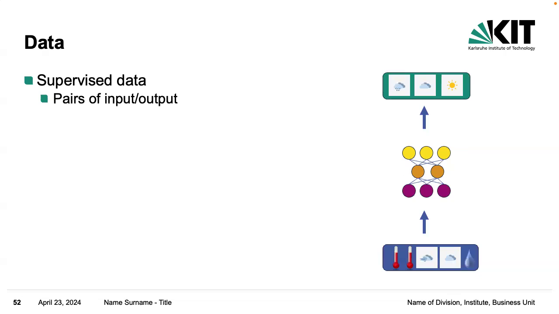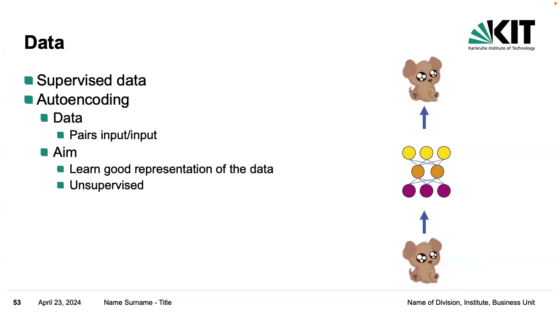There are other ways of how you can deal with unlabeled data. There's a lot of work on autoencoding. Another way, if you don't have labeled data but want to learn a good representation in a supervised fashion, is to build a network which predicts the input again.